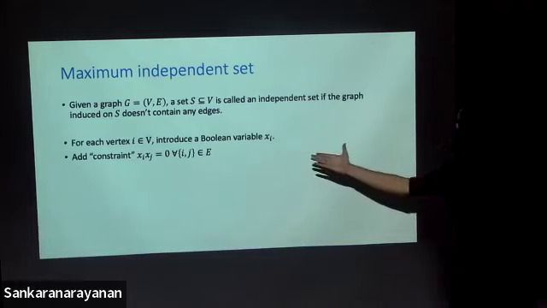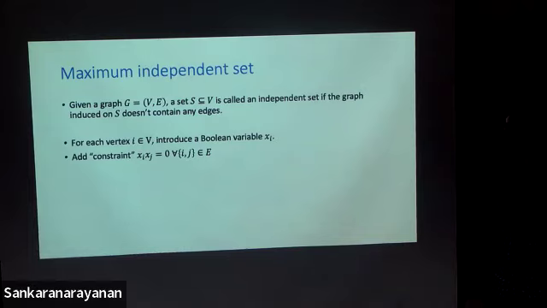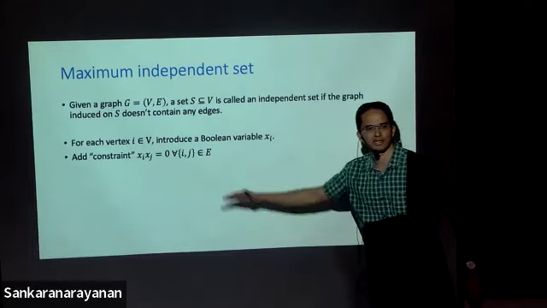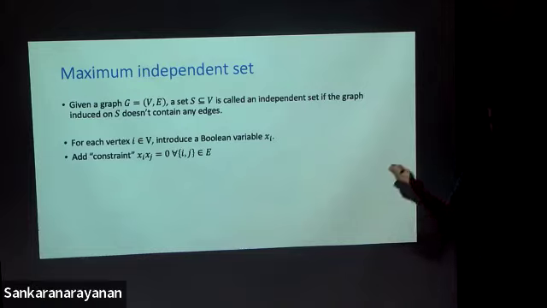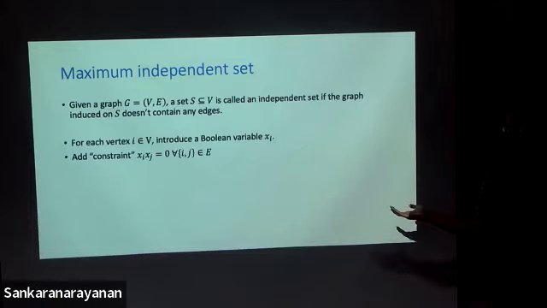This will imply that any feasible solution which satisfies all of these has to be an independent set, because xi can only take value 0 or 1. So if xi xj is equal to 0, at least one of these variables has to have value 0. If you take the set of vertices which have value xi equal to 1, that will be an independent set because there cannot be any edge in there.